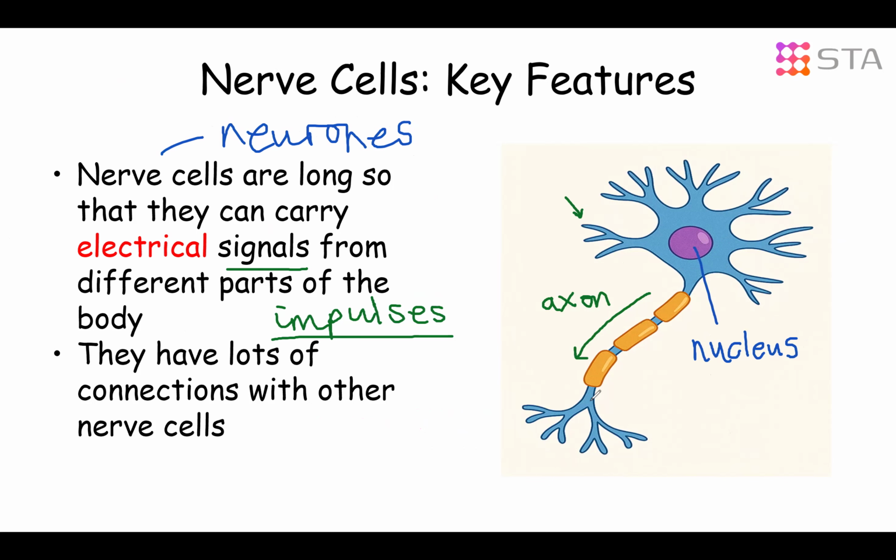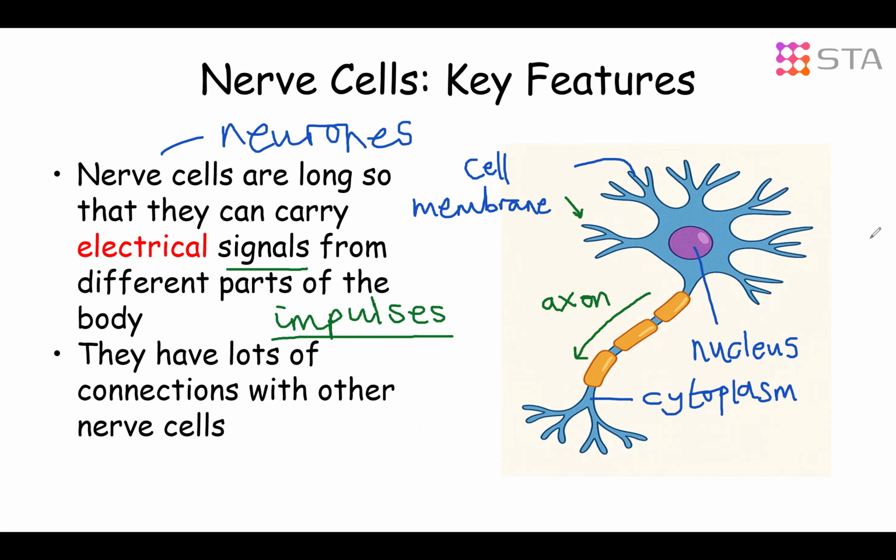This here is the cytoplasm, which is denoted by a blue color inside the cell. And this, of course, here is the cell membrane. There is no cell wall because, of course, nerve cells are animal cells and they do not have cell walls.